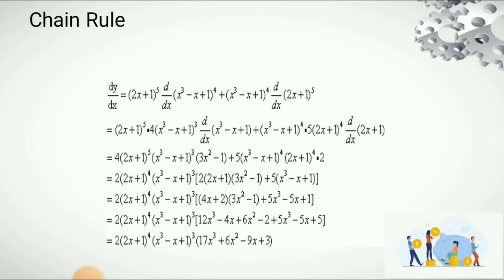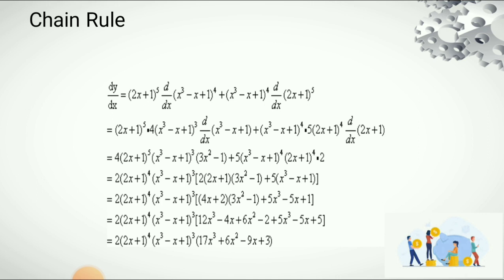Then simplify: 2 times 2x plus 1 raised to the power of 4 times x cubed minus x plus 1 raised to the power of 3 multiplied by 12x cubed minus 4x plus 6x squared minus 2 plus 5x cubed minus 5x plus 5.